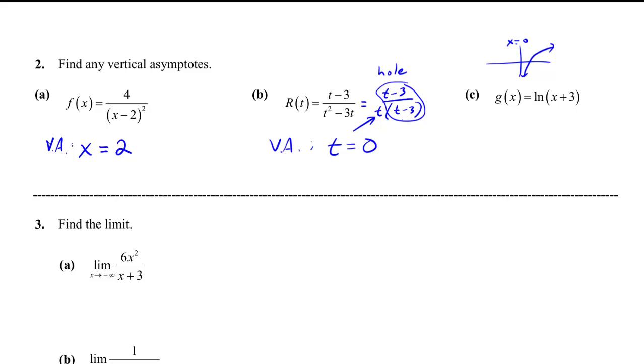And if I know that ln of x plus 3 just backs this thing up three spaces, then I know that, that's not a great ln graph, but we'll take it, the vertical asymptote has moved from x equals 0 back to x equals negative 3.